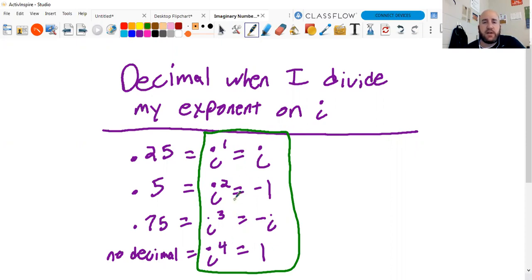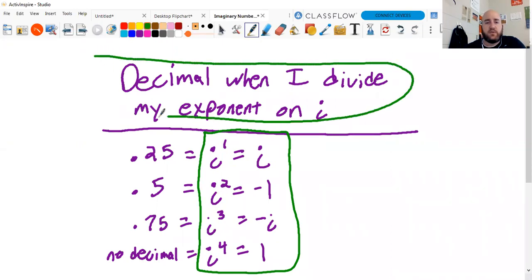Okay. What you're going to have to do is either, if you have a smaller exponent, to count it on your chart, or if you have the larger exponent, to divide your exponent. I didn't actually put 4 on here. When I divide my exponent on I, I guess I should have put by 4.